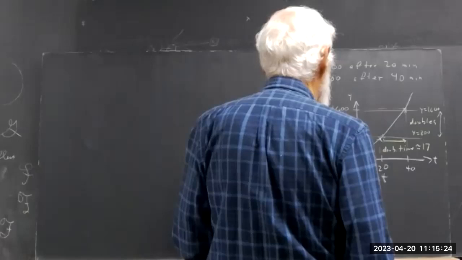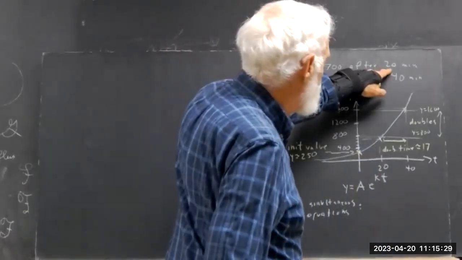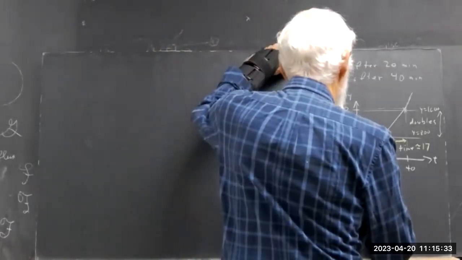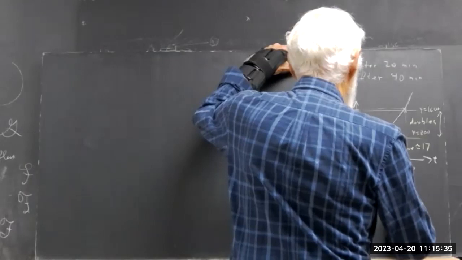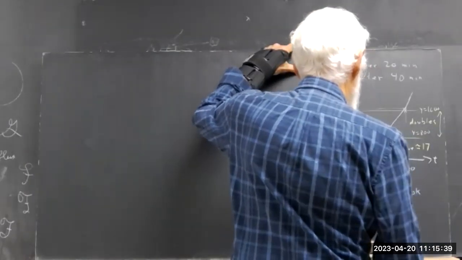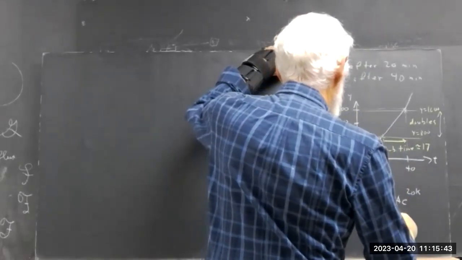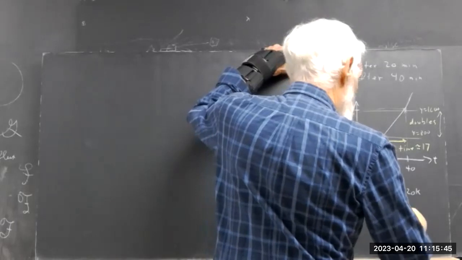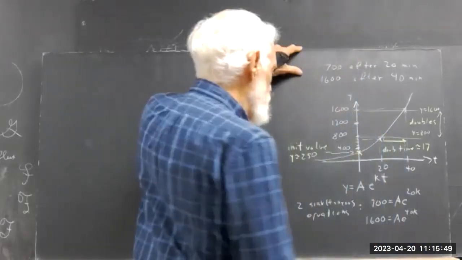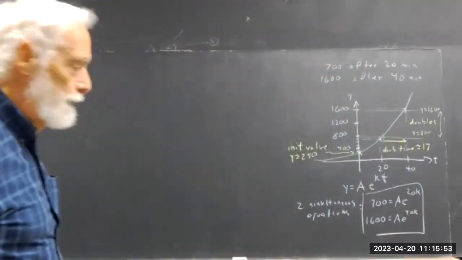Okay, now our two simultaneous equations, we take x equals 20, y equals 700, and we get 700 equals a e to the 20k, and our second point, y is 1600 and x is 40. So we get this.